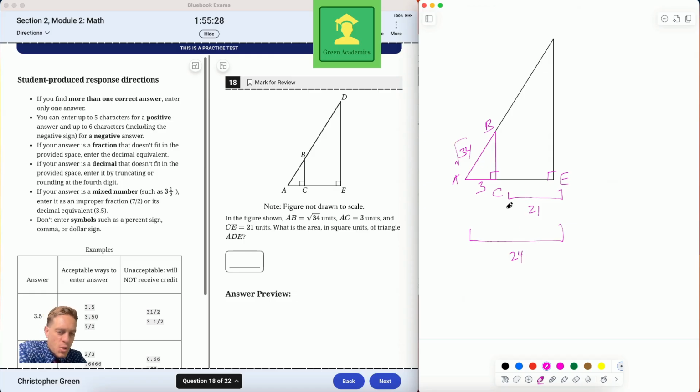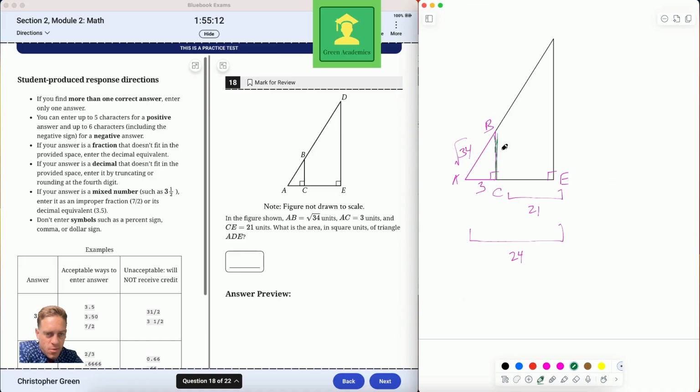So in general, to go from a side of the small triangle to a side of the large triangle, you just multiply by 8. What is the area in square units of triangle ADE? Okay, so first you have to go Pythagorean to find this side right here.